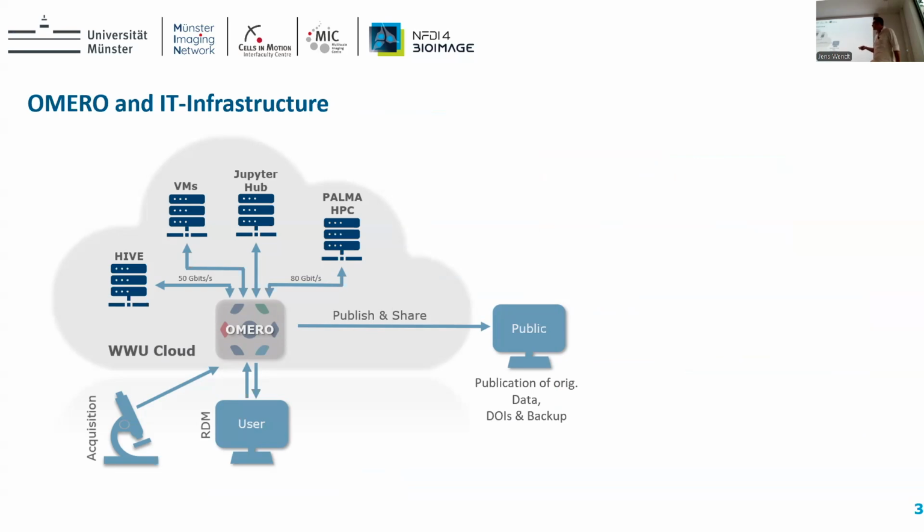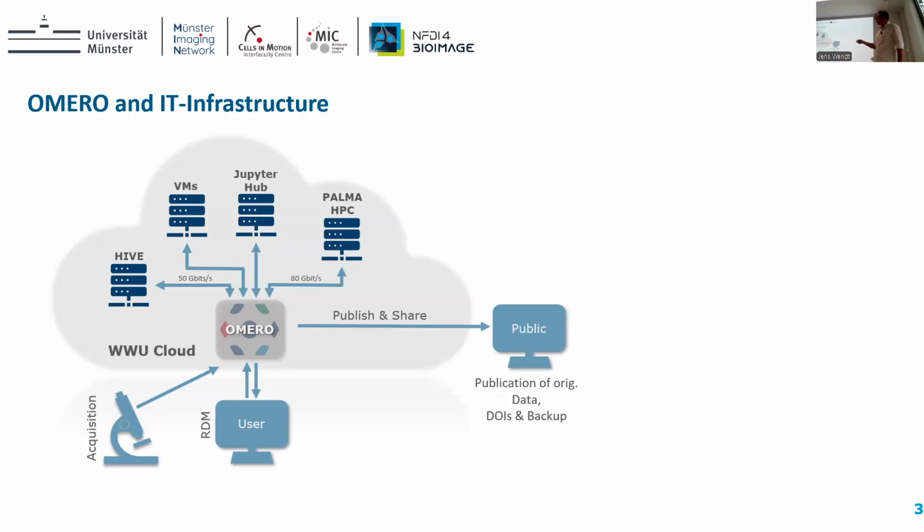Omero is installed centrally on a virtual machine in this cloud. The cloud is managed via OpenStack. So we have an OpenStack cloud in the university, and we have access to it so that we can create our own virtual machines. All of this is connected with a central data storage, where we just ask, hey, we need more data storage, and then we can expand the data storage for Omero, but the data storage of a lot of groups is also within this cloud.